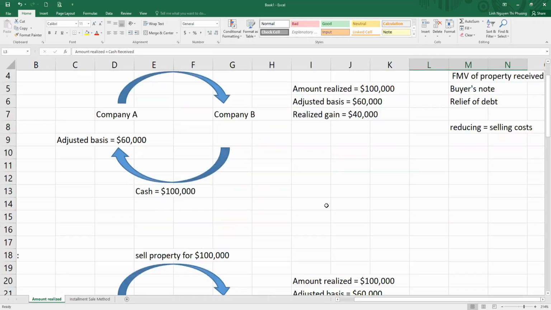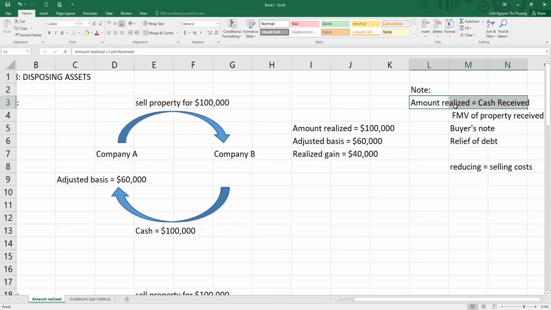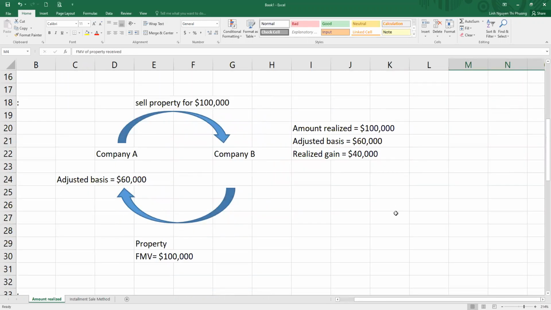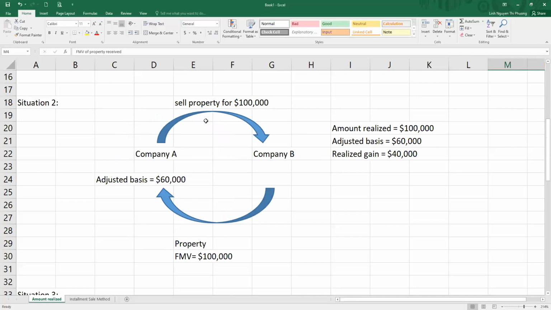Now let's look at another example, when the amount realized equals the fair market value of the property that we receive. For example, company A sells a property for $100,000 to company B, and company B gives company A another property that has a fair market value of 100,000.